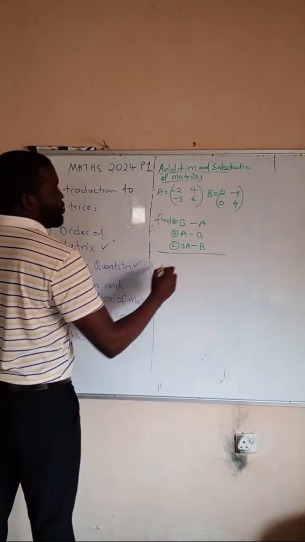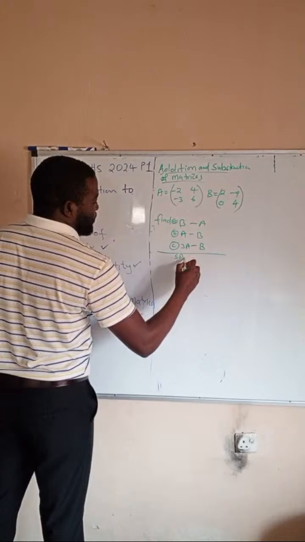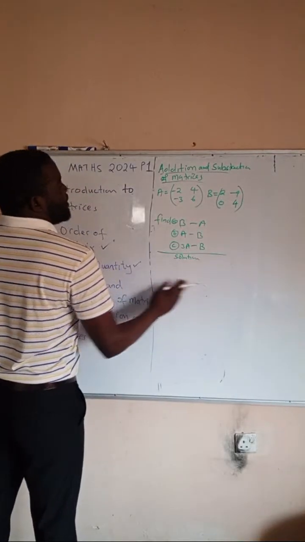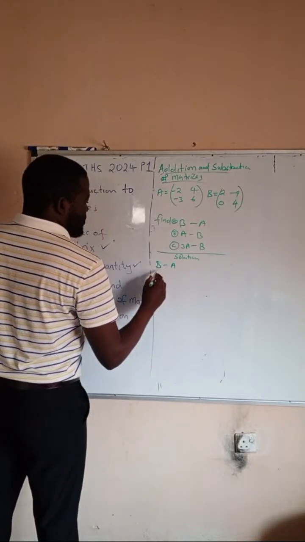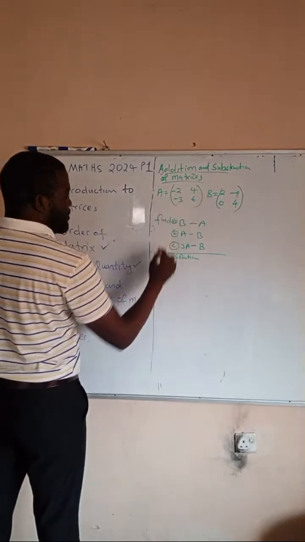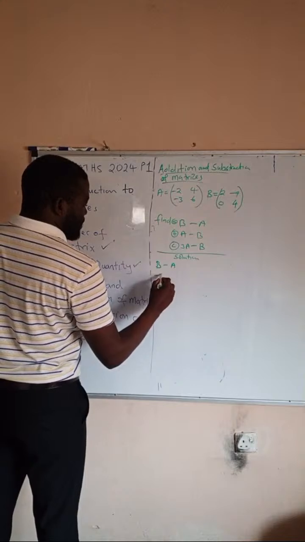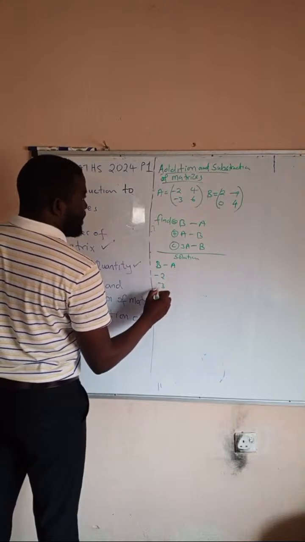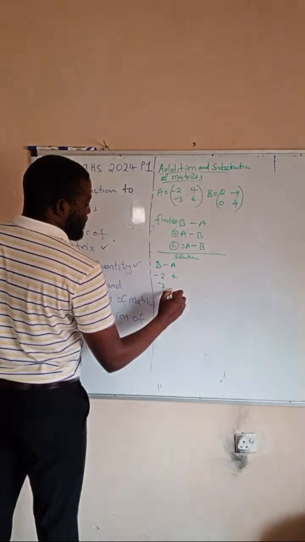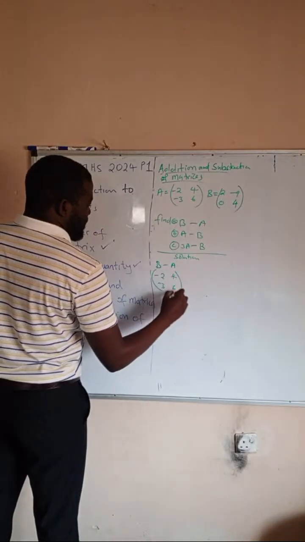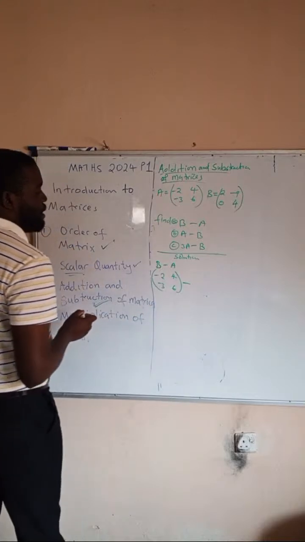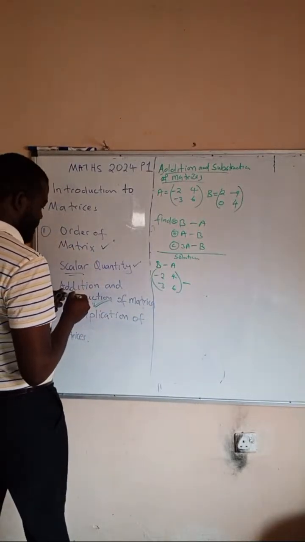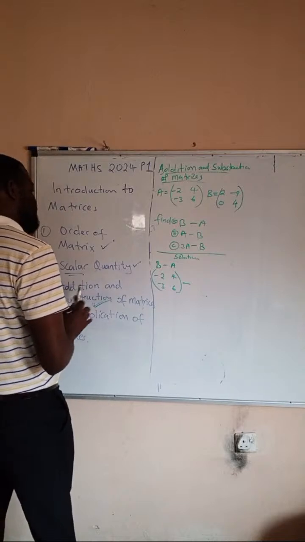So now we're looking at the solution, B minus A. So we're starting with B minus A. So what is my B? This is my matrix B. Oh no, I have turned them upside down.